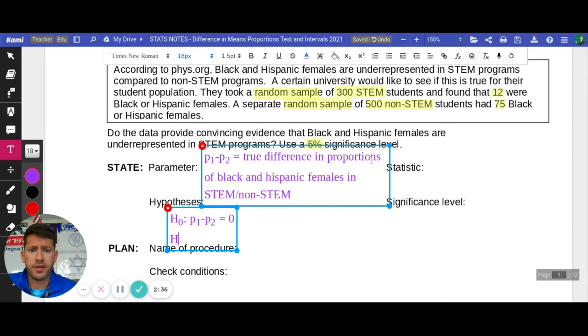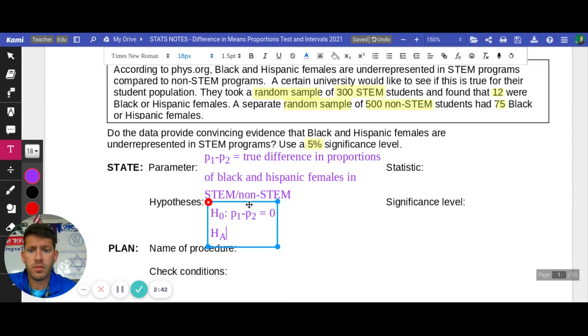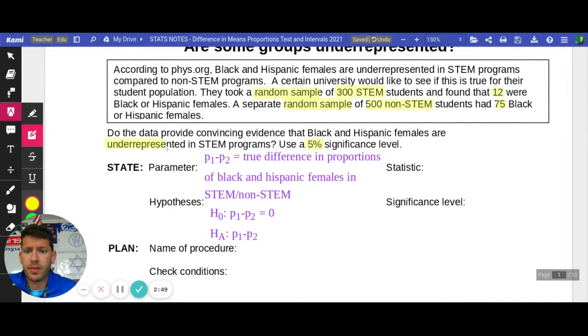And the alternative hypothesis is claimed in the question here. It wants to know if they are underrepresented. So when we take the proportion of STEM students that are Black and Hispanic, that's going to be less than the proportion that is non-STEM.